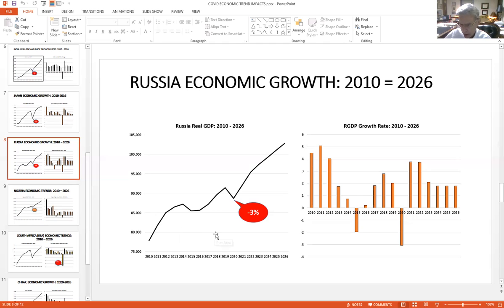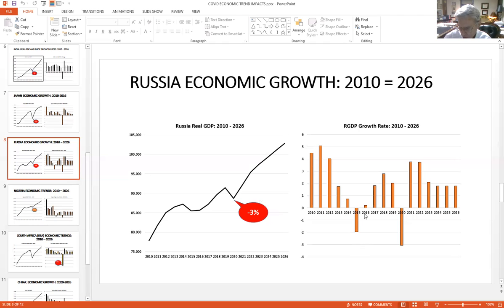But when economies stumble, as was the case with the coronavirus, then the demand for petroleum is reduced, as well as the overall level of economic activity.